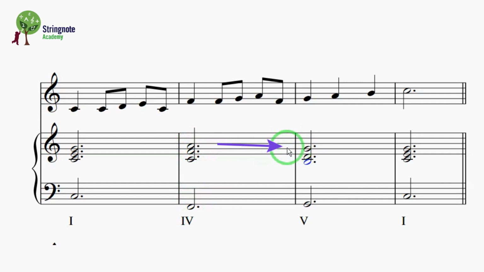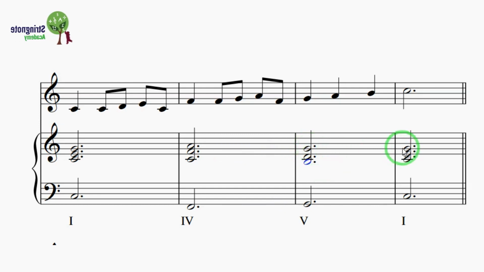The top melody of the piano going down and the bass going up, so that is very efficient. This one jumps just a third, which is not bad, and this one goes down a second, which is quite good.